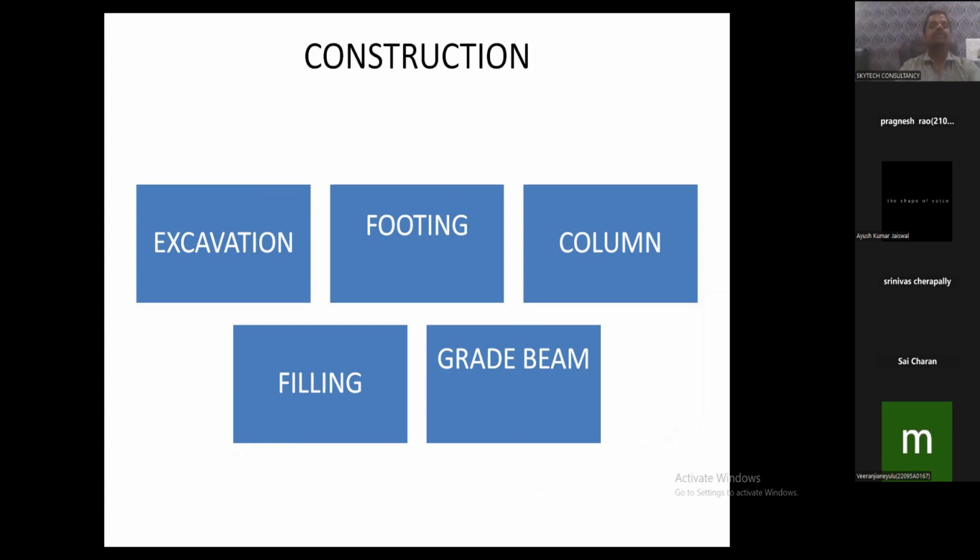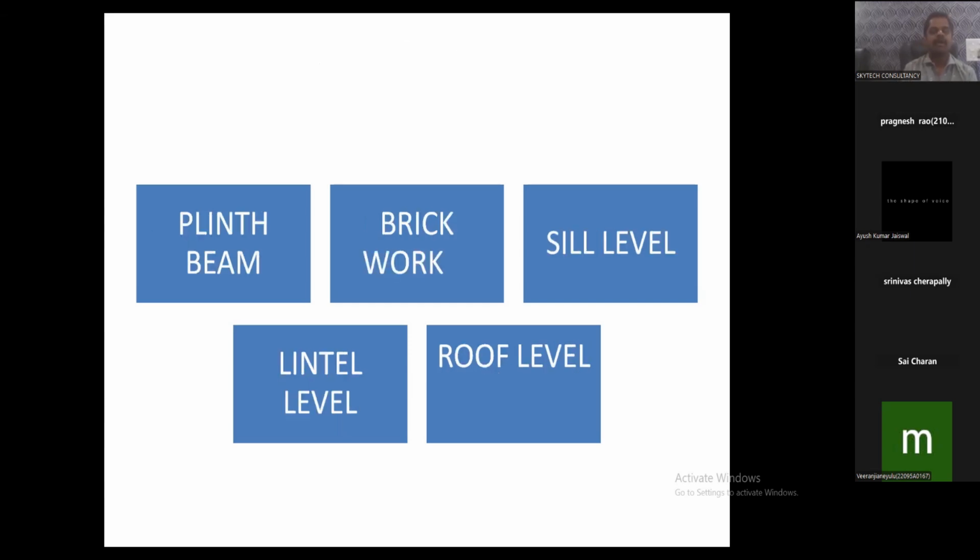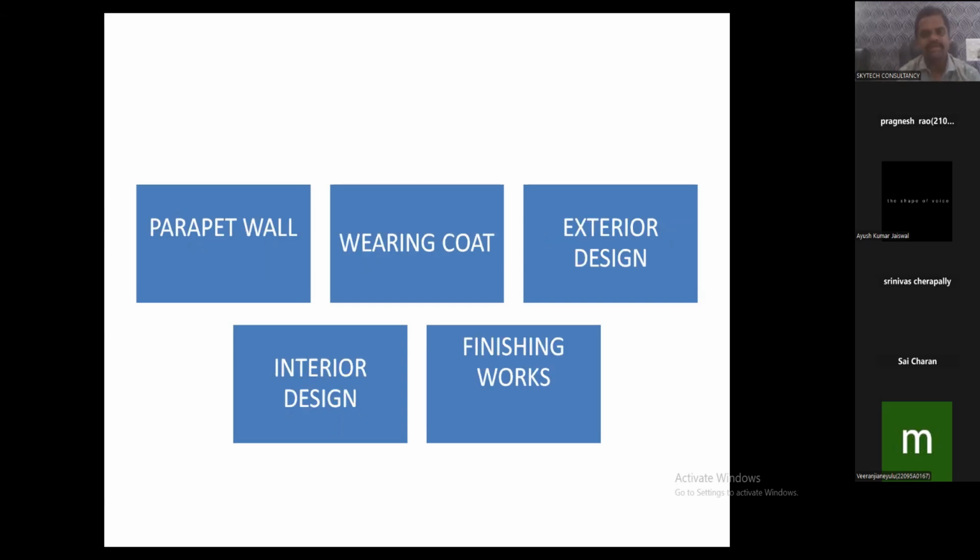The things involved in construction are the excavation, footing, column, the filling in the basement, the grade beam, plinth beam, brickwork, the sill level, lintel level, roof, and all the finishing works. Now, I would like to explain each of them in detail, along with the construction methods.